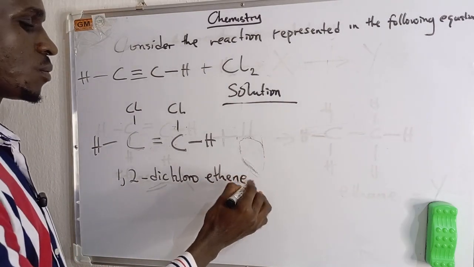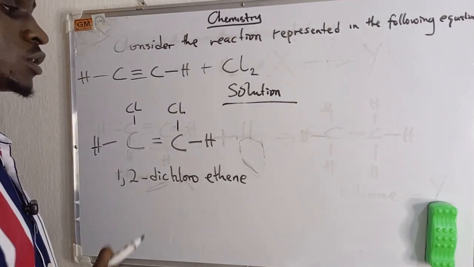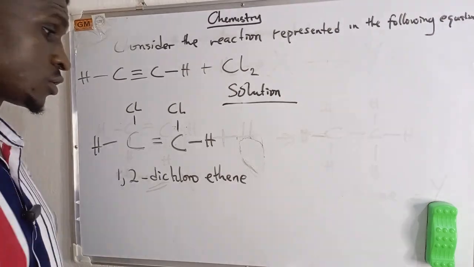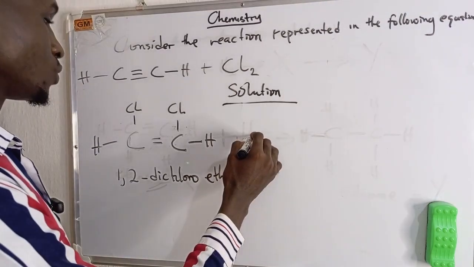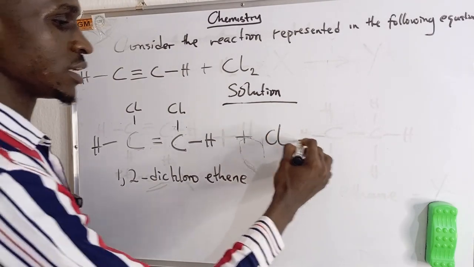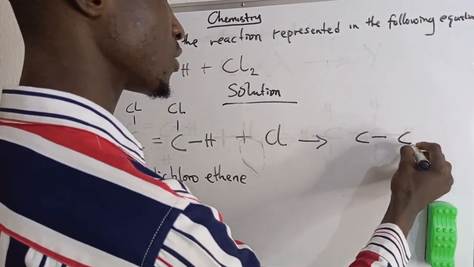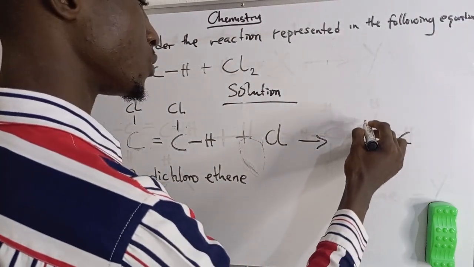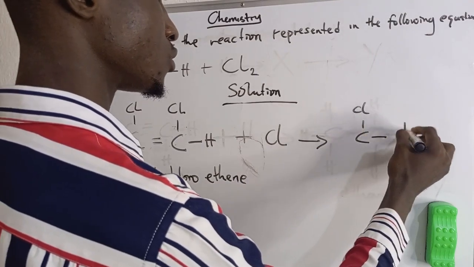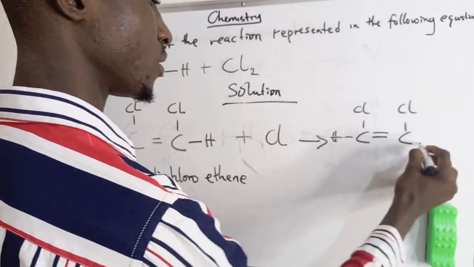This particular compound is still unsaturated, so it will go further to do the second step reaction, in which case it will still add another chlorine that will eventually lead to the formation of a saturated compound. Let's just draw what we have here.